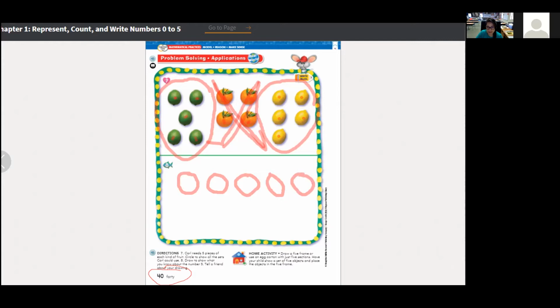There. So I drew 5 counters to show that this is the number 5. And how many is there? Let's count again. 1, 2, 3, 4, 5. So now I want you to write the number down here to show there is 5 objects or 5 counters.